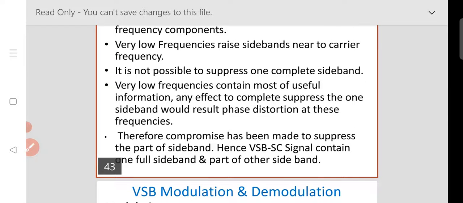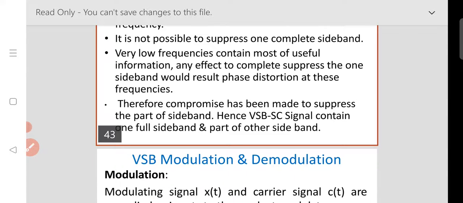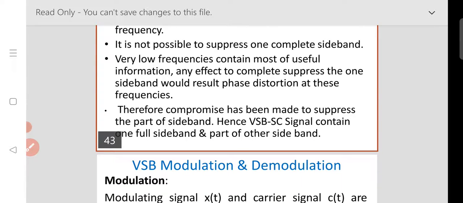That's why we incorporated a vestigial part of the other sideband. It is not possible to suppress one complete sideband. Practically, there is a hurdle in generating SSB-SC, because complete suppression of one sideband creates more loss for us. That's why we send some part of the other sideband as the vestige.